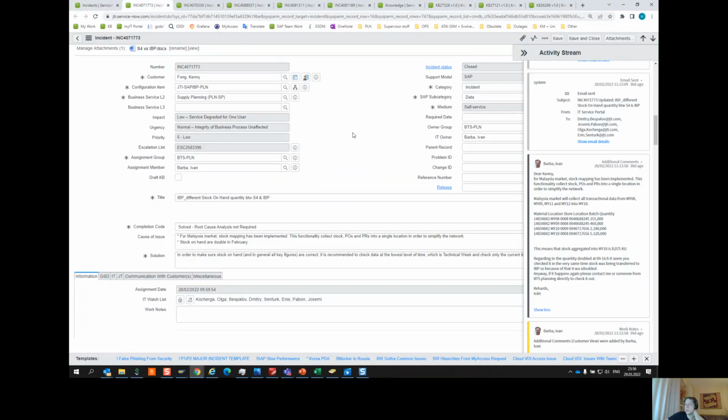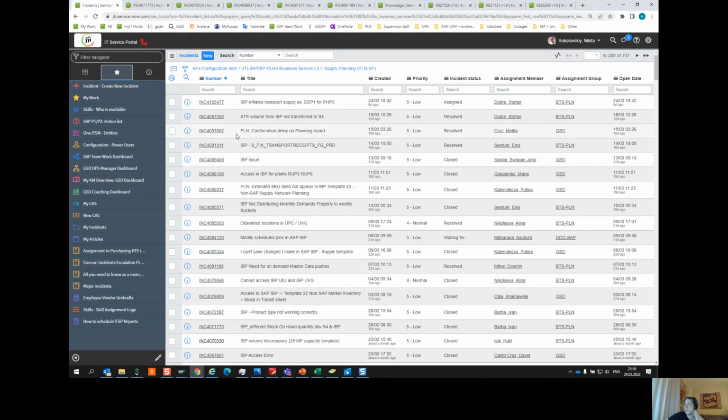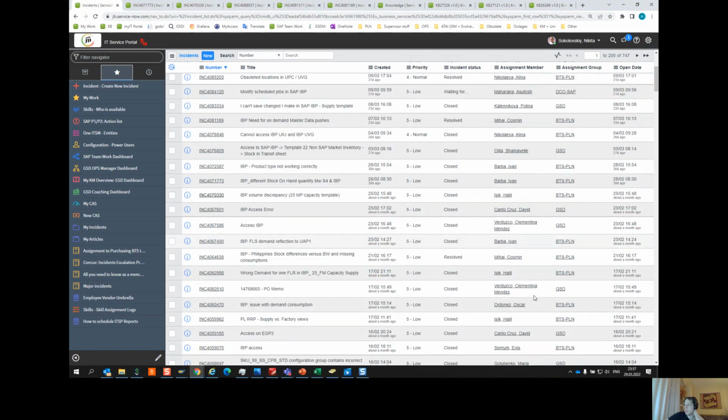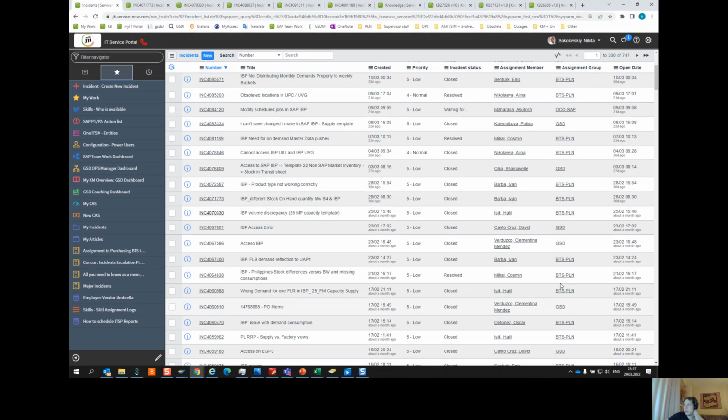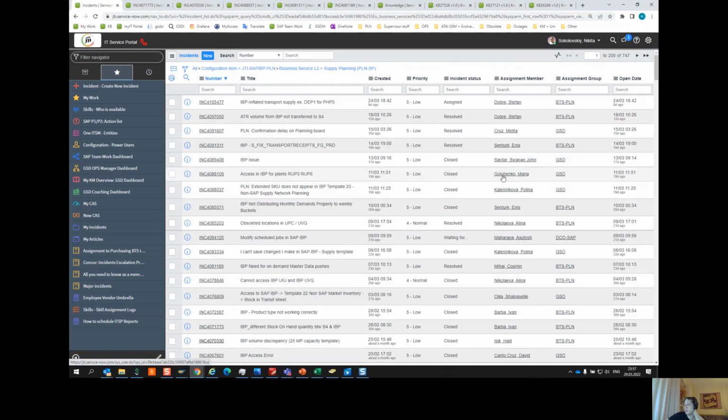And for the incident tickets, we'll just show you several examples. So obviously, most of the incident tickets for supply go to the BTS team. And if you check, most of the tickets which were resolved by GSD either are not related to supply at all and were incorrectly registered, unfortunately, or they are about access.